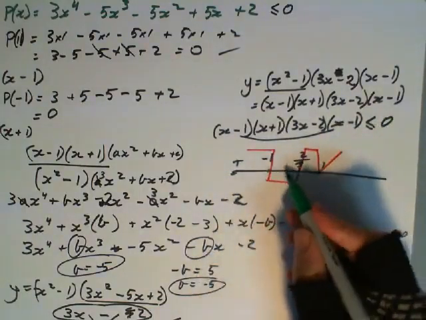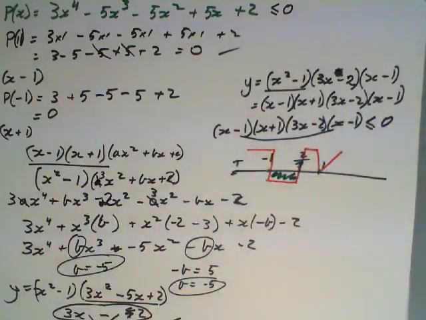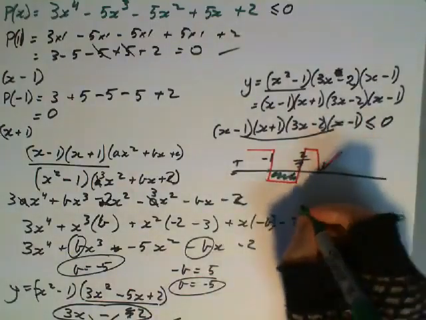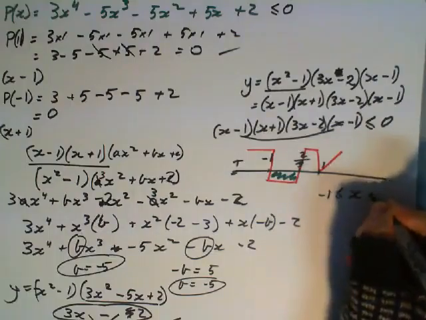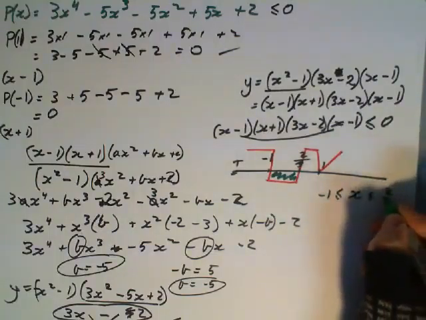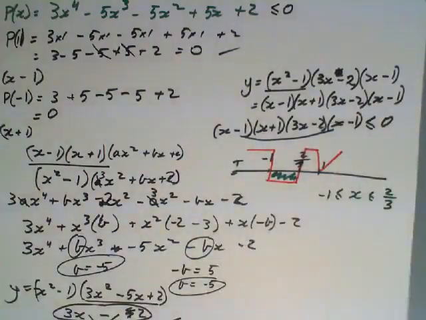Well, here's our line, it's less than 0 in this point here. So we can say it's less than 0 between the points minus 1, x is between minus 1 and 2/3. So that's using our sign diagrams.